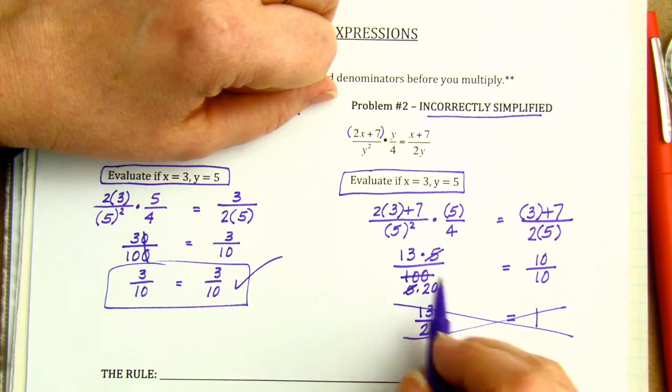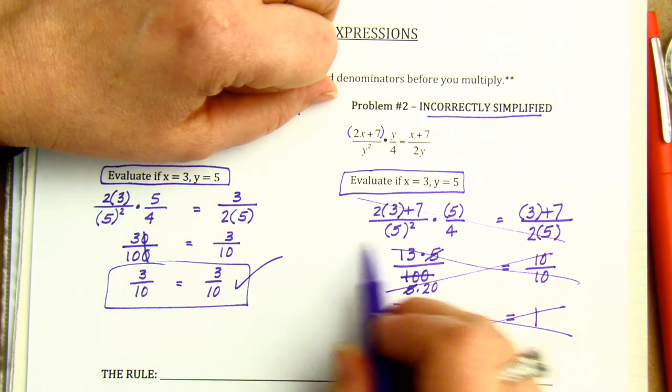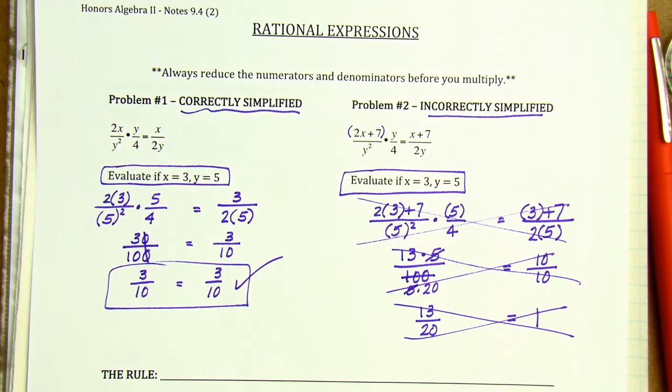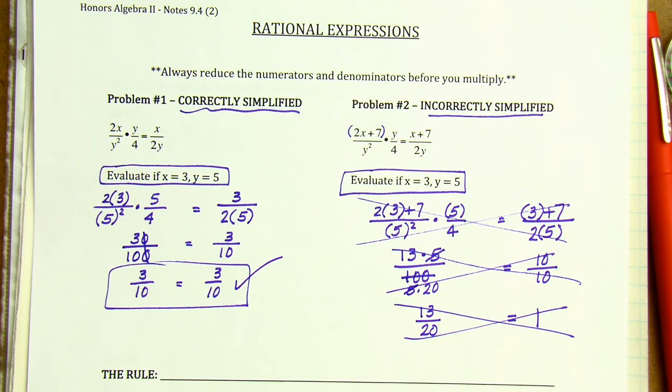Not at all. In fact, that's not equal. All right, so be careful that you are actually only dividing out factors and nothing that comes from a sum or a difference or a quantity.